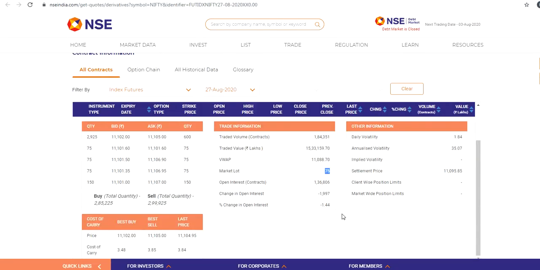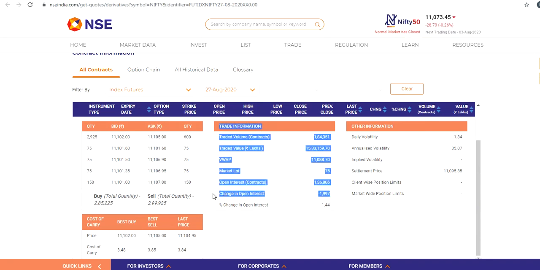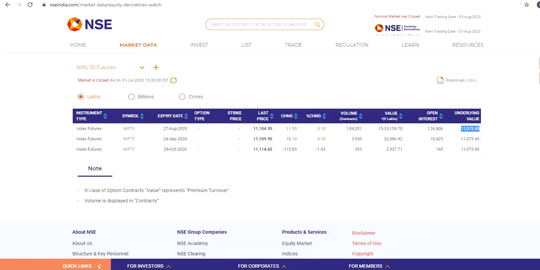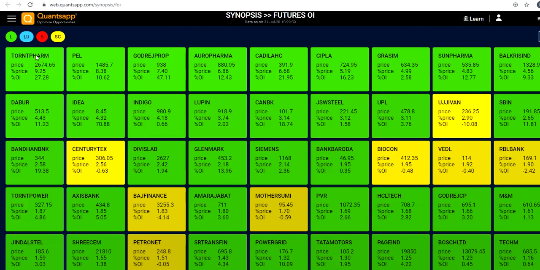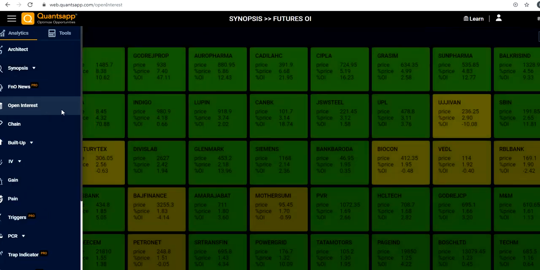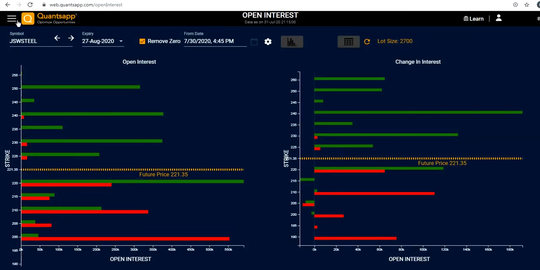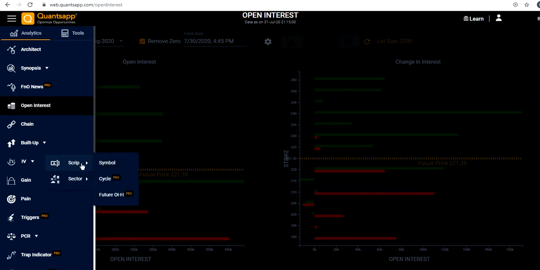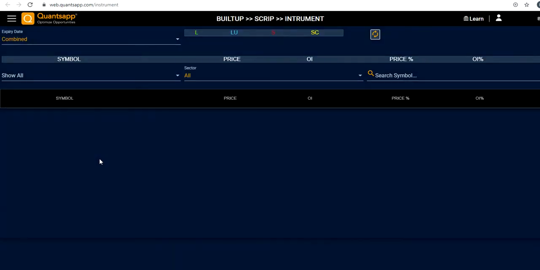If you go back here in the open interest, you can see there is something called change in open interest. So the percentage change in open interest is minus 1.44%. If you go to some of the tools, this is called Quants app, they also have an open interest tool for build up.